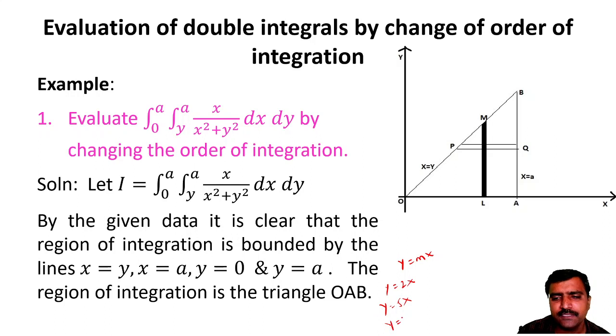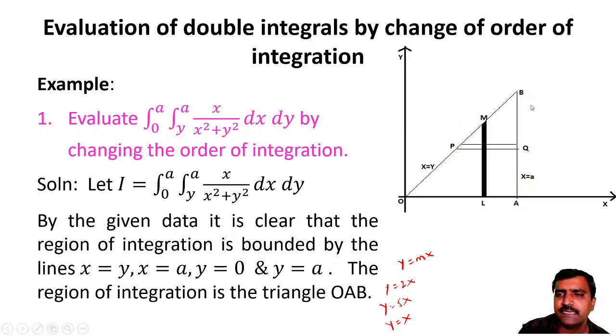So y is equal to x is a straight line passing through the origin, making an angle of 45 degrees with the x-axis.